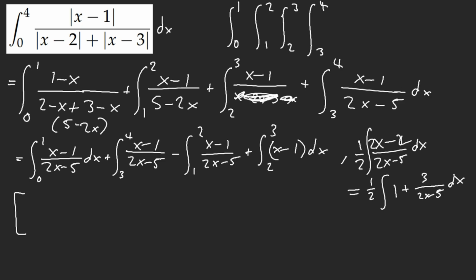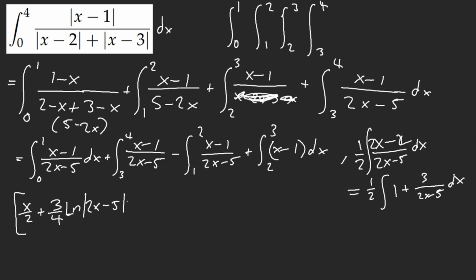So I have x over 2 plus 3 halves of ln of, oh shoot, be very careful. We have a 2x minus 5, so it would be a 4 because of a u substitution, right? Let u equal 2x minus 5, and you get that extra 2. So be very careful, okay?